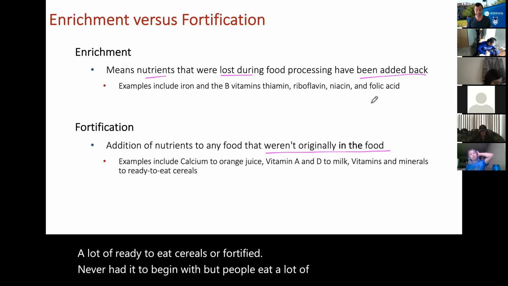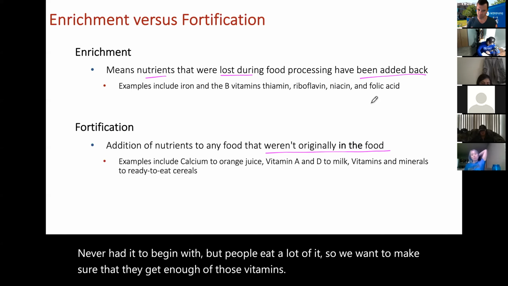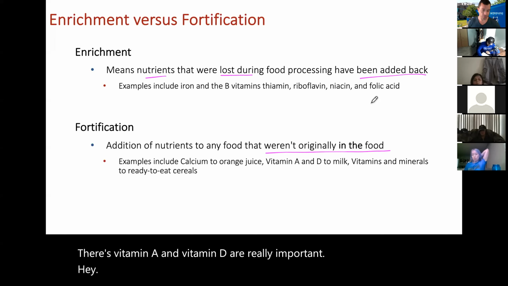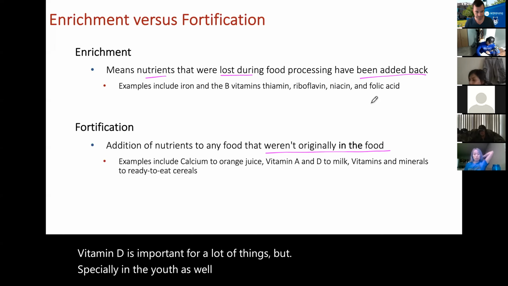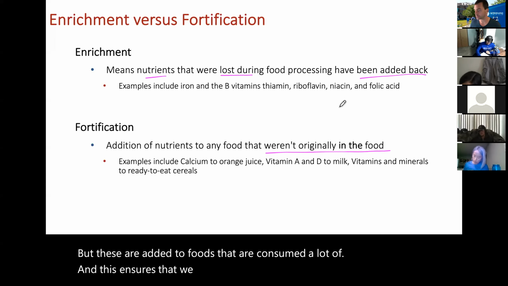So we want to make sure they get enough of those vitamins, because vitamin A and vitamin D are really important, especially for growing children. Vitamin D is important for a lot of things, especially in the youth as well as the old. These are added to foods that are consumed a lot, and this ensures that we get that vitamin or mineral into the population.